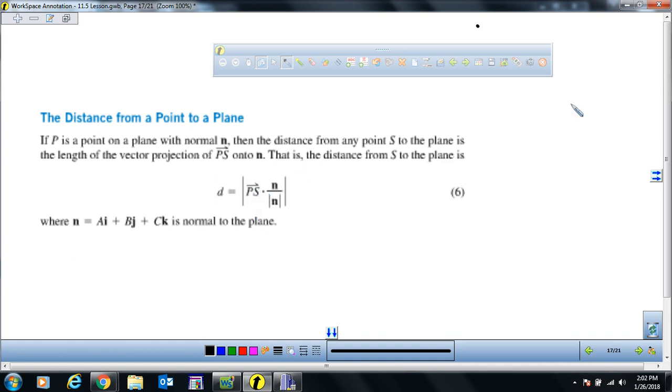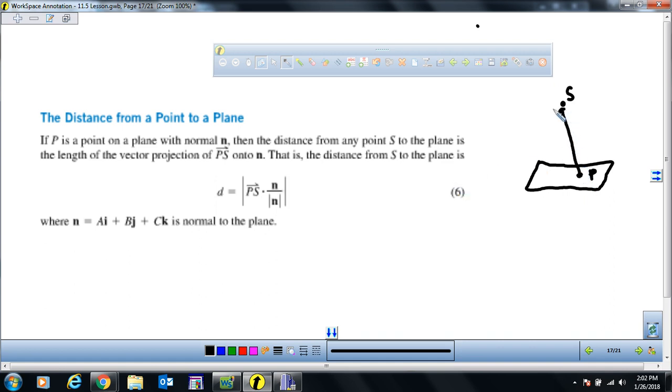S is the point that is not on the plane, so we want to find the distance from that point S to that plane. And on that plane we're going to have some point P.